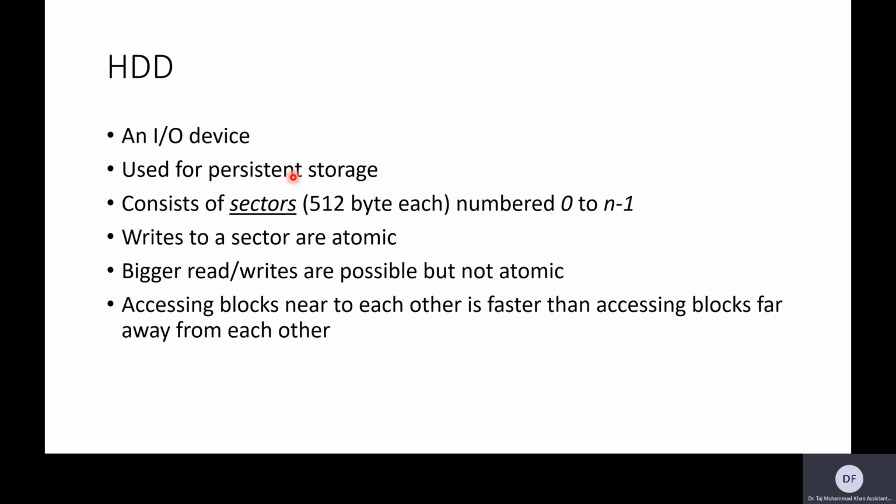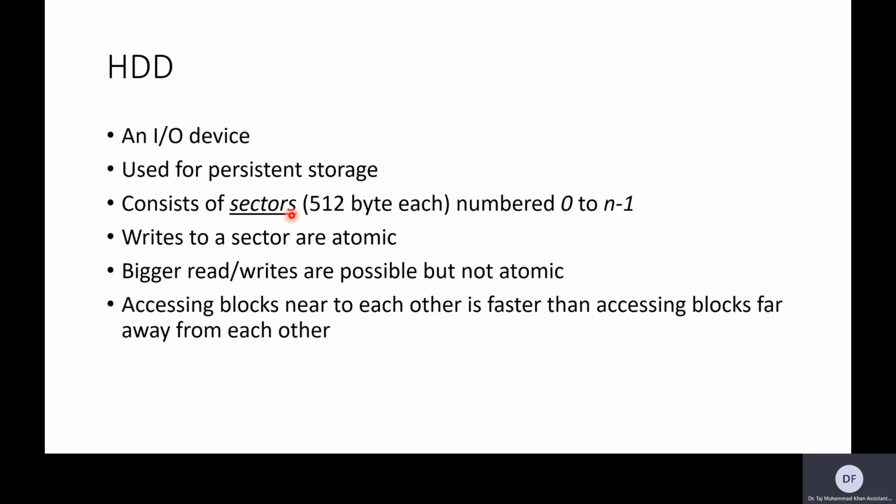Internally, the unit of storage of a hard disk is a sector, and each sector is typically 512 bytes large. Unit of storage means that if data is written to or read from the hard disk, it will always be in a multiple of sectors. We cannot read or write 1 byte to the hard disk.